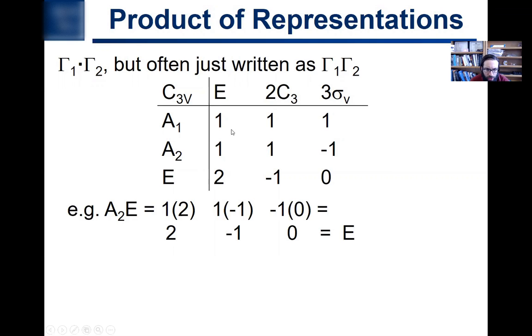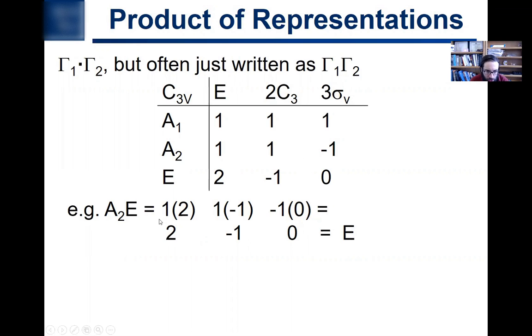It's not really the dot product, it's just multiplying all the individual components, very similar to a dot product. So A1 is 1, 1, 1. Here is A2 dotted with E, A2 times E. A2 is 1, 1, negative 1, and E is 2, negative 1, 0.